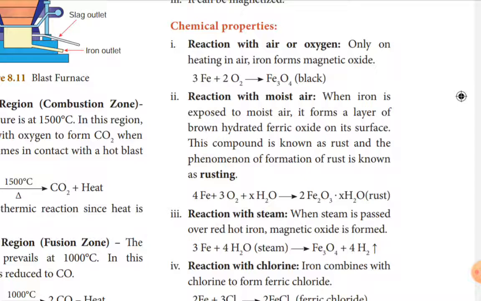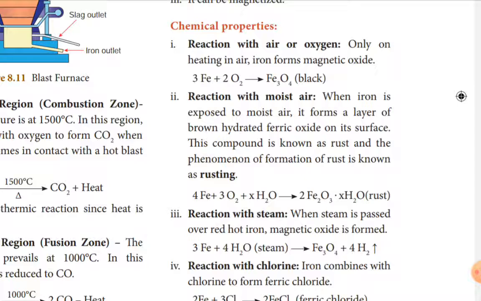The process of formation of rust is known as rusting. The chemical reaction is given: 4 moles of iron with 3 moles of oxygen and x H2O, depending upon the moisture present in the air or in the ground, turns into 2Fe2O3.xH2O. So Fe2O3.xH2O is the formula of rust.